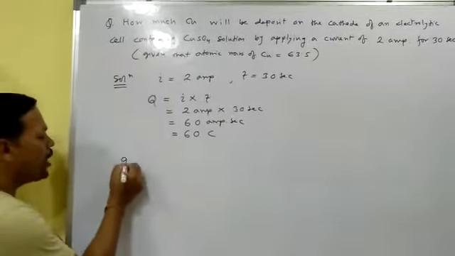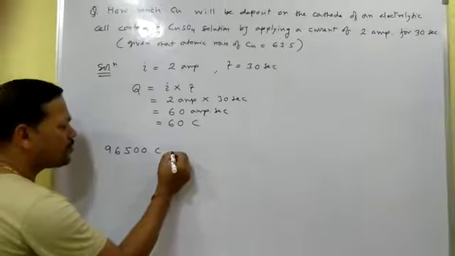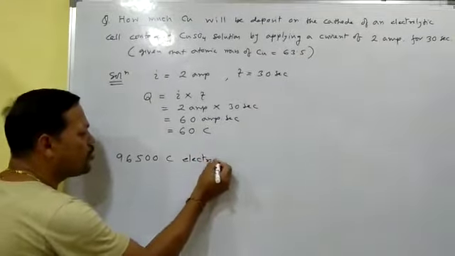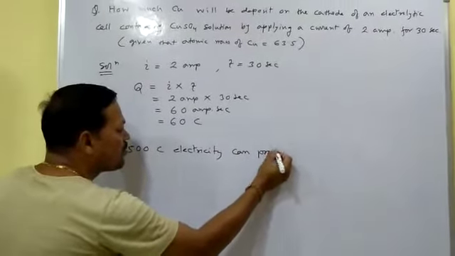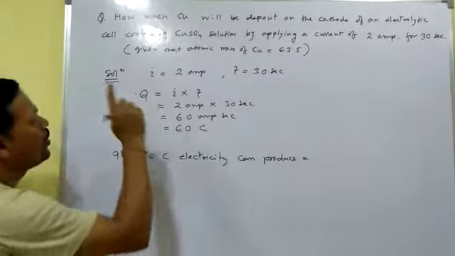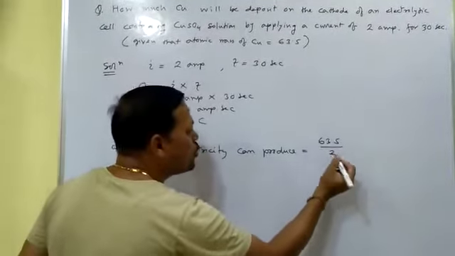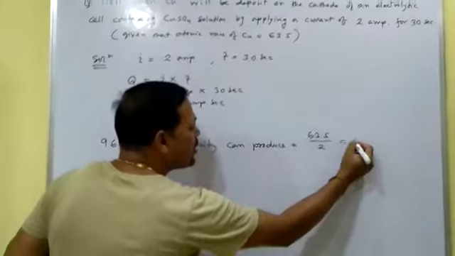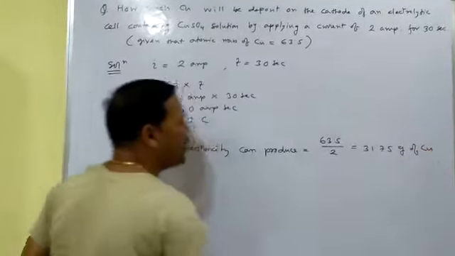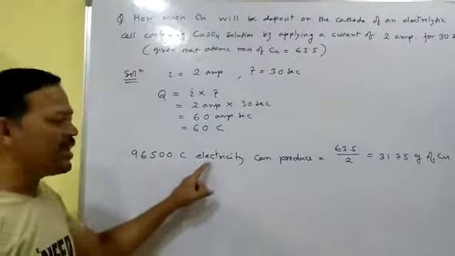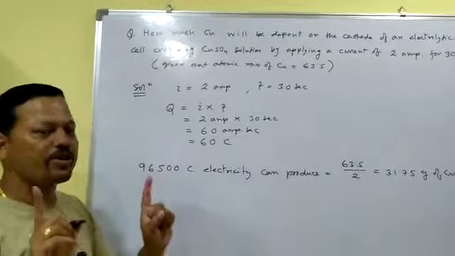Means, when you apply 96500 Coulomb of electricity, the atomic mass of copper is 63.5, copper valency is 2, that means you will get 31.75 gram of copper. When you apply 1 Faraday of electricity, you always get the equivalent mass of the substance. This is the calculation you should know.